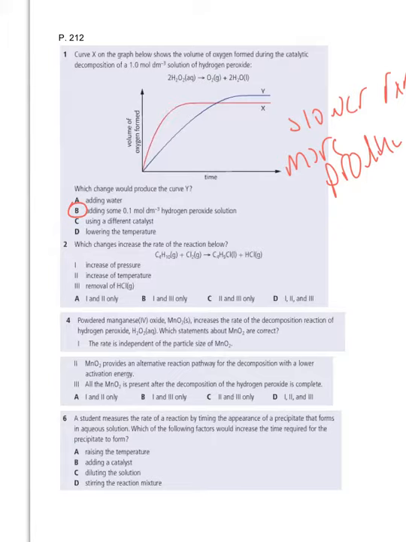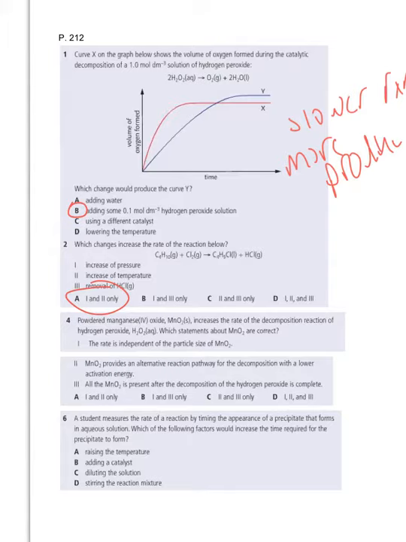So as I look at number 1, increase of pressure, because I've got 2 moles of gas on the reactant side, and I'm only making 1 mole of gas on the product side, increase of pressure will increase the collisions more on the reactant side and will increase the rate. Increase of temperature always increases rate. And then removal of HCl, even though that'll cause more product to be made, it will not increase rate. So only 1 and 2 will actually increase the rate.